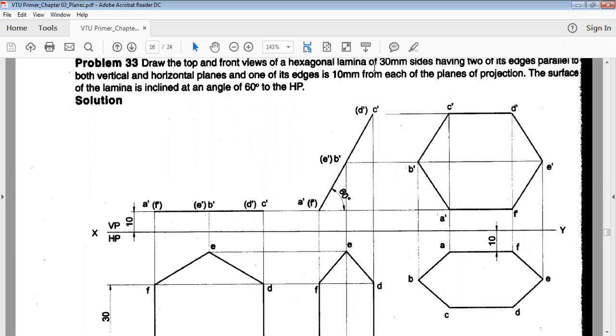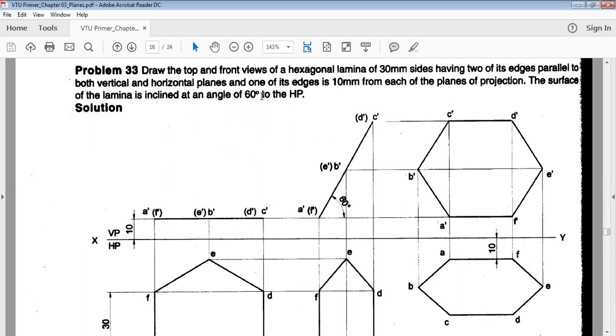But in all the cases, what they have given is that one of its edges is 10 mm from each of the planes of projection. From the reference plane, it is always a 10 mm distance. So here the front view will not be placed on the XY line; rather, we place it by taking a 10 mm line from the plane of reference.